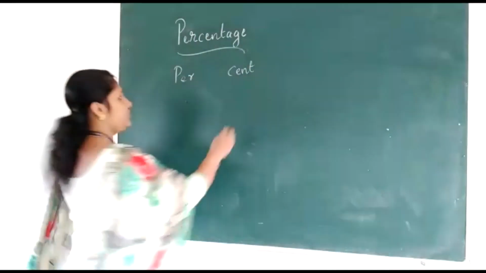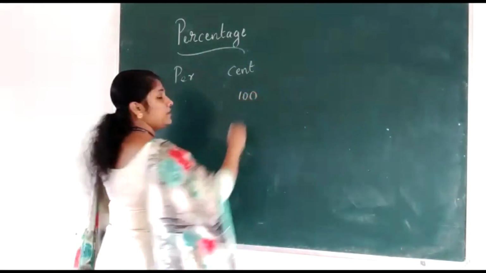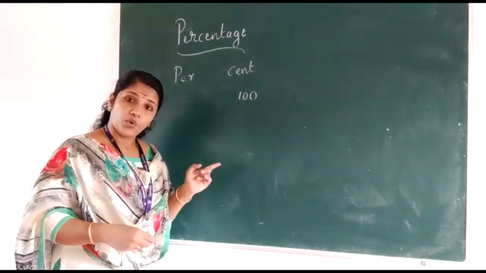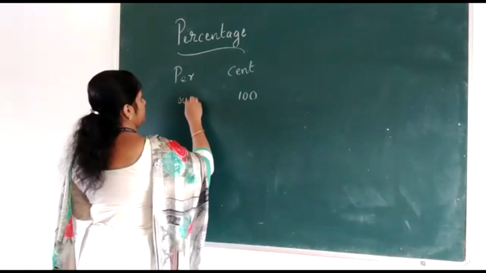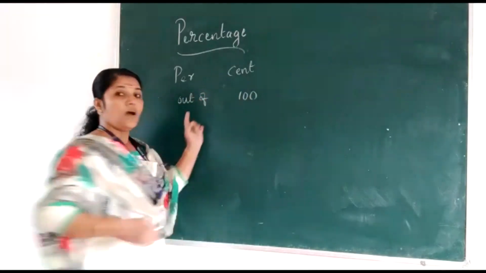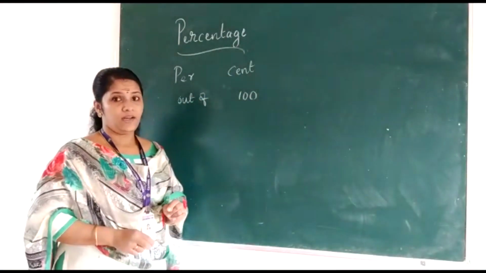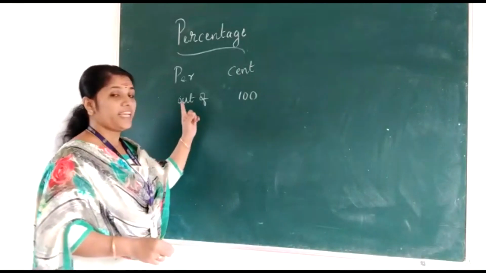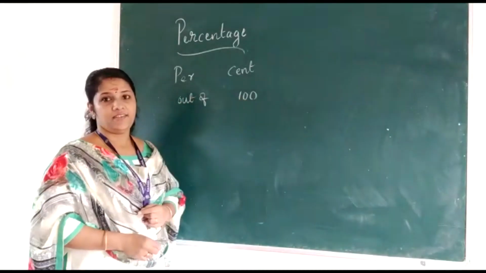Cent means 100. Per means out of. Out of 100. Another way, for each 100.